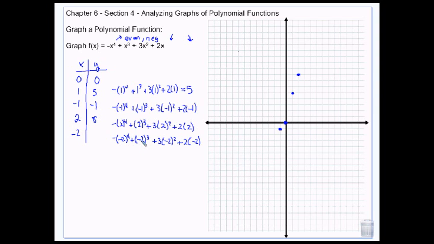So that's negative 24, plus 12, that's negative 12, minus 4 is negative 16. So negative 2 is going to give me that negative 16. So that's 1, 2, 3, 8, 9, 10, 12, 13. That's way down here.